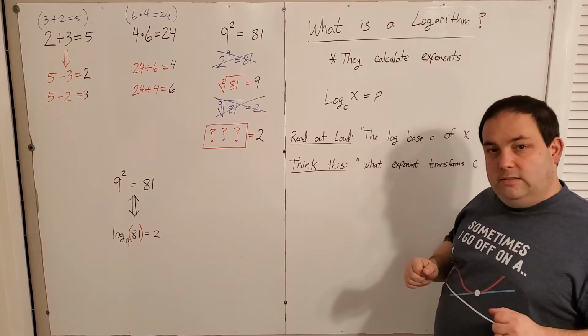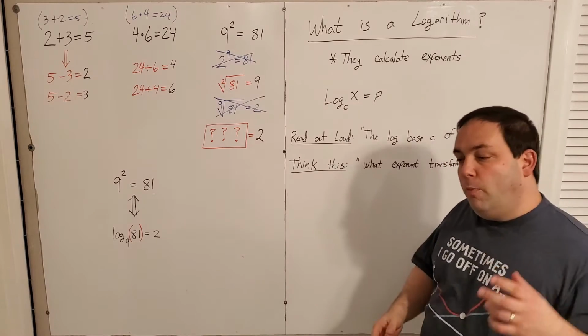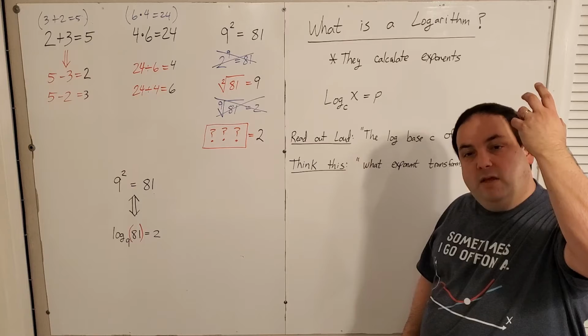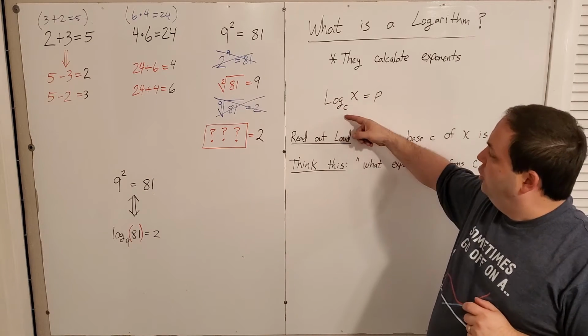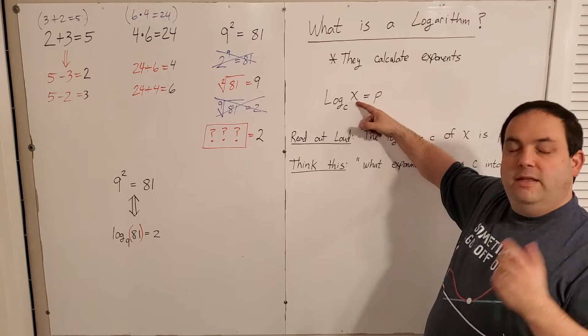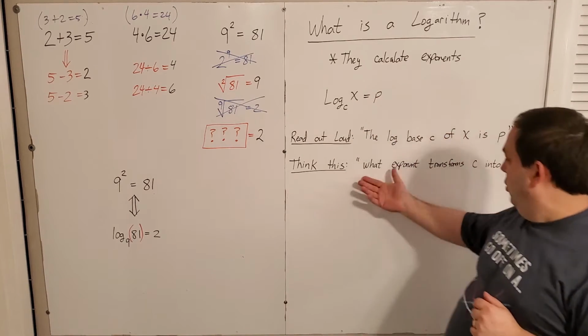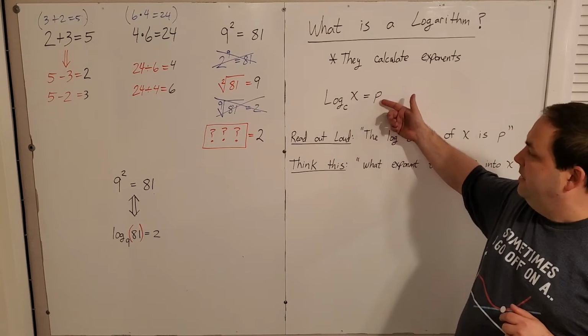It's acting on x. But when you're approaching one of these problems, what you should be really thinking to yourself is, what power, what exponent turns c into x? The answer to that question is p, right? So what exponent transforms c into x? In this case, it would be p.